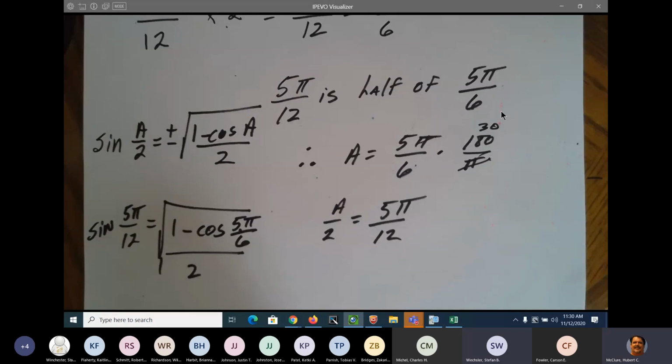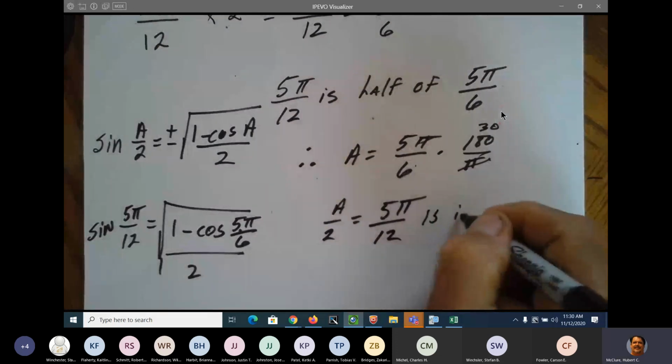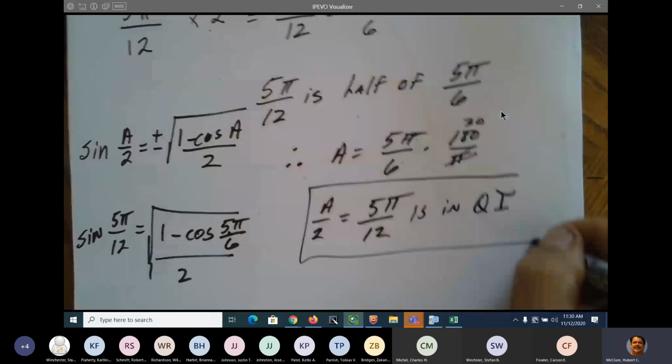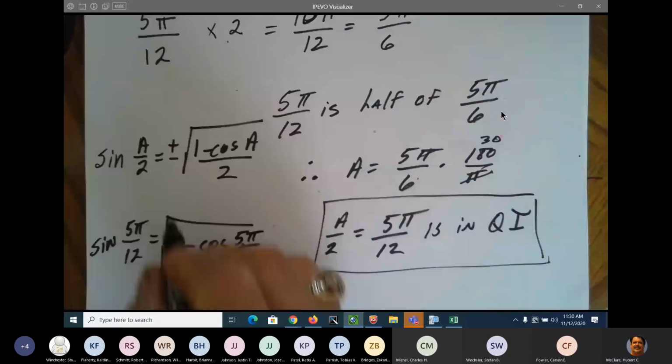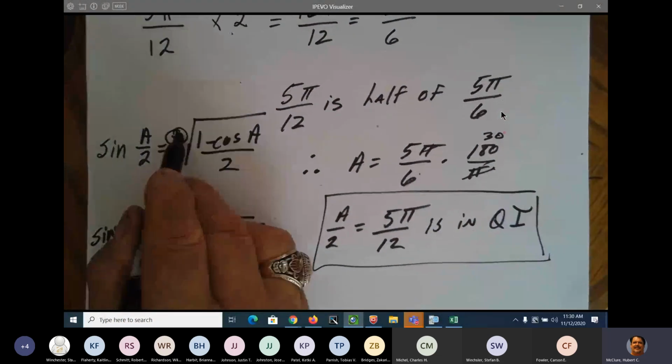Well, that's in quadrant 2. It should be in quadrant 1. 5 pi over 12, I'm sorry, is 75 degrees. Okay, it's in quadrant 1, so you're going to use the positive, because you're doing 5 pi over 12.